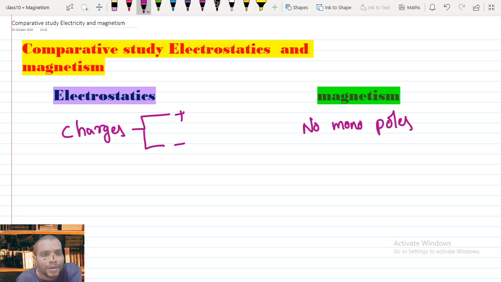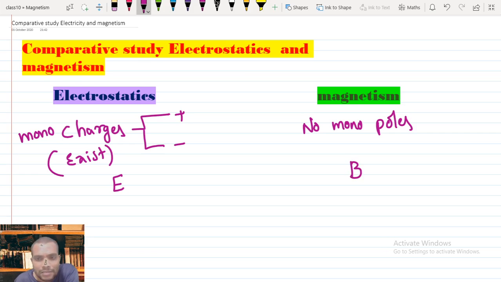Or here you write as monocharge. That is also correct. In electricity, monocharges exist. But in magnetism, no monopoles. This electricity we used to represent with the capital E, but in magnetism, we represent that with capital B.